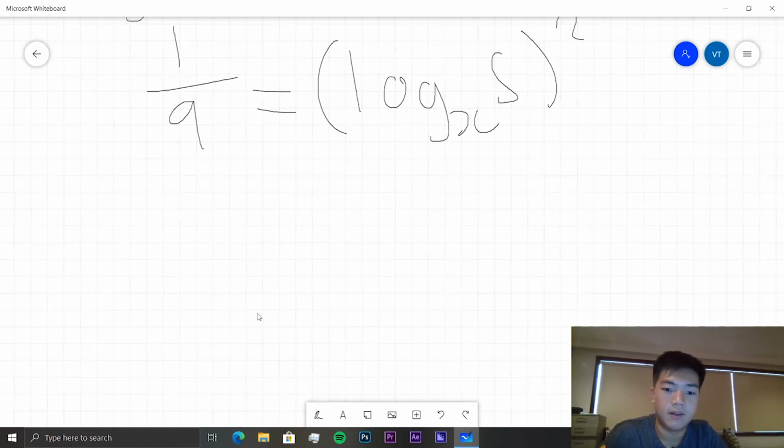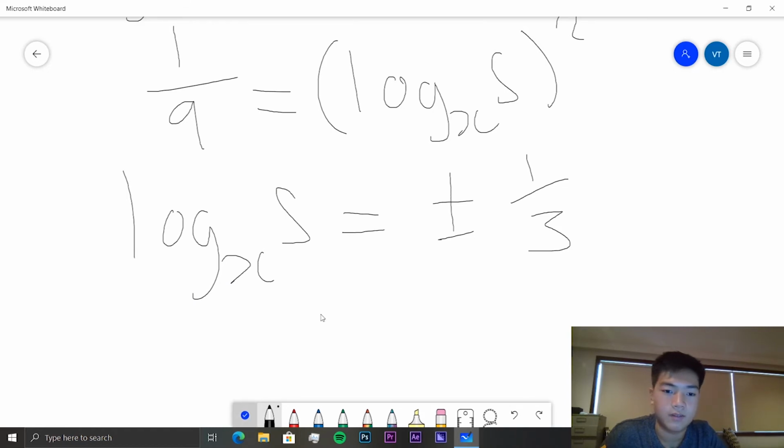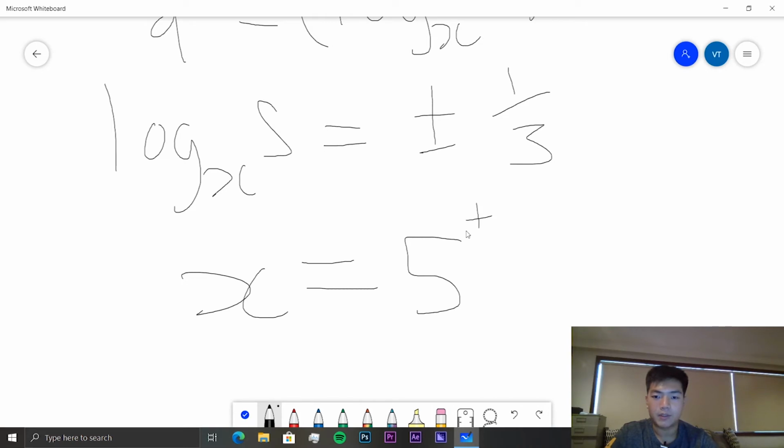So we have log x to the 5 is equal to plus or minus 1/3. So we have x to the 1/3, x is equal to 5 to the power of plus or minus 3.